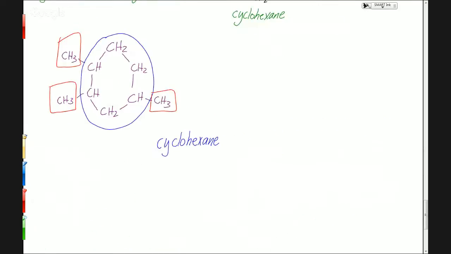That's still the rule. But with rings, maybe a better way to phrase that is that we want the lowest possible numbers for the substituents.